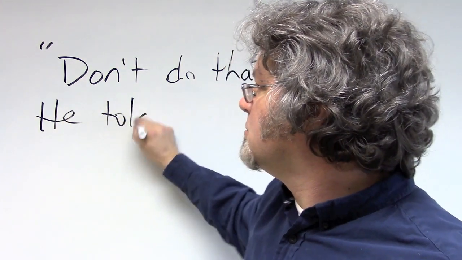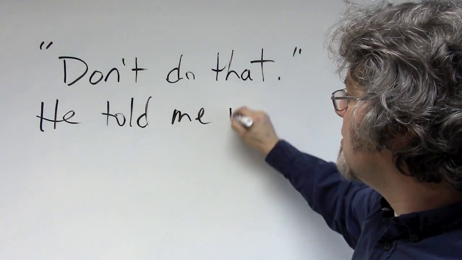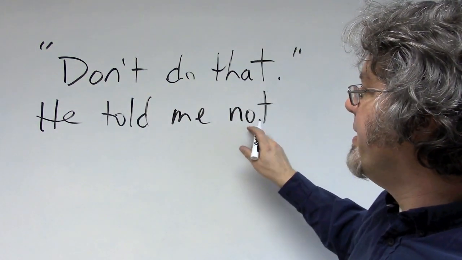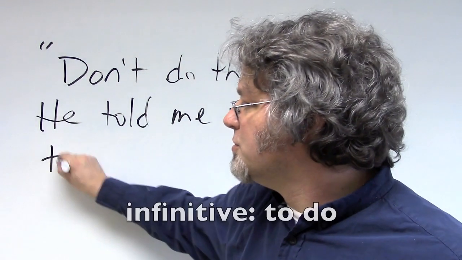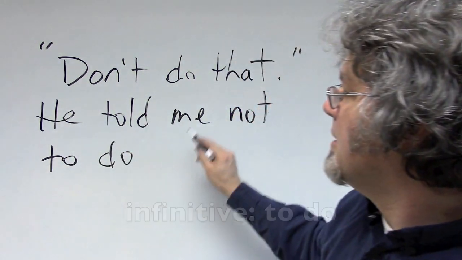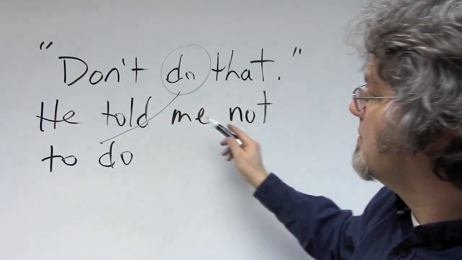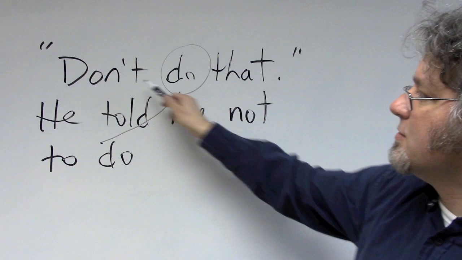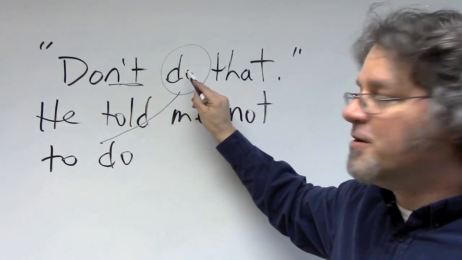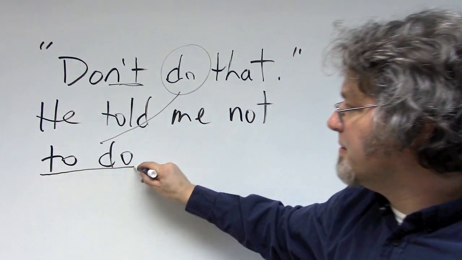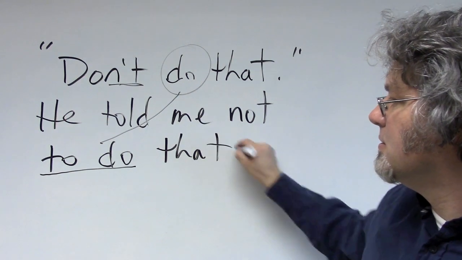He told me, and this is negative, so use not, and then after not, use an infinitive, to do. That comes from here. Don't do that. He told me not, so this negative goes here, and then the main verb here becomes an infinitive. He told me not to do that.